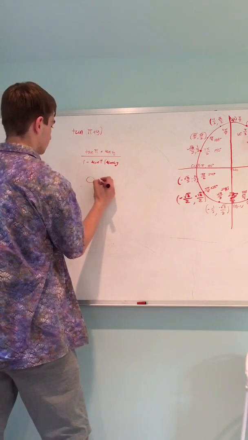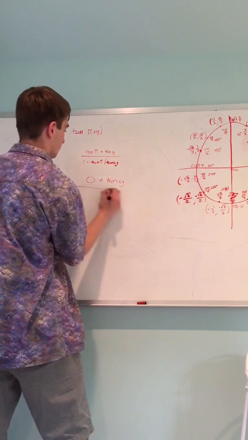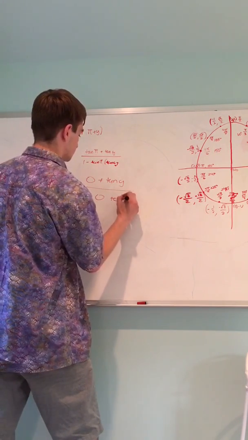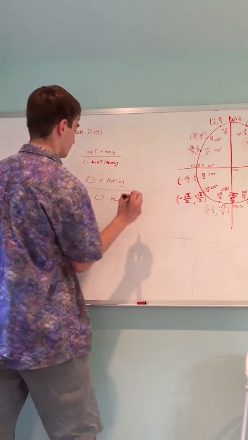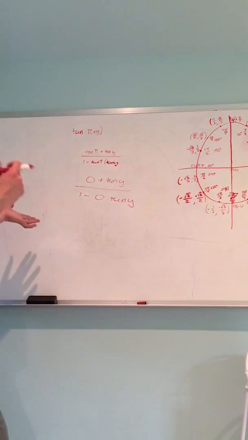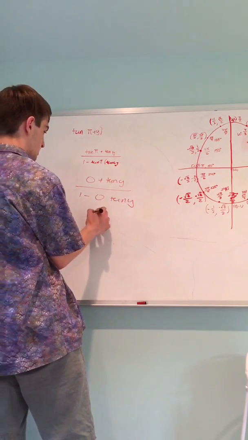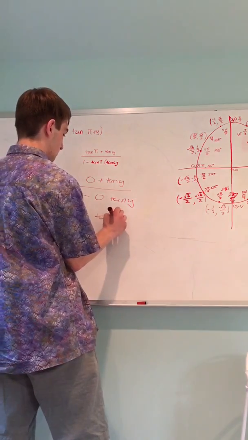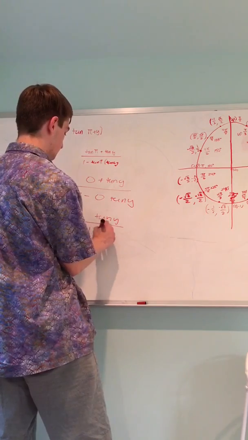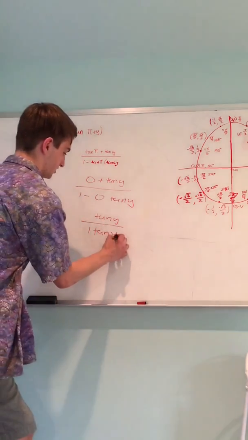We're going to plug 0 in there plus tan y over 1 minus 0 times tan y. So what we got over there is 0 plus tan, so that equals tan y, and then 1 minus tan y is 1 tan. Alright, y. We've got to add that y in there.